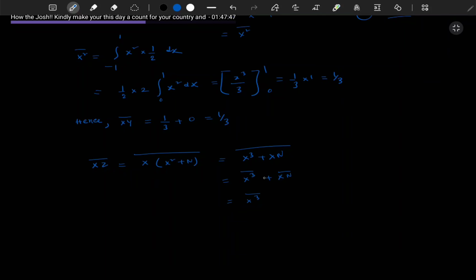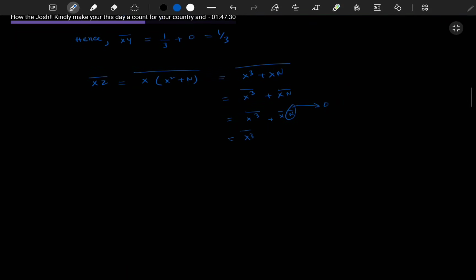When there is a plus, we can write it directly, and also if it is in the multiplication form, as it is independent, we can write it like this. And now this mean value is 0, so it is simply x cube. So it will be integration from -1 to 1 of x cube times half dx.